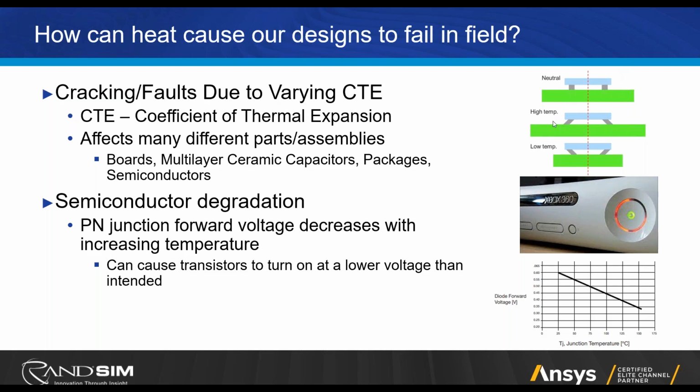When you bring the whole assembly up to a higher temperature, the board is going to expand. The part will stay the same size. This will create a kind of a shear force on the solder. And likewise, vice versa, if you take the whole assembly below this neutral temperature, you'll see a shear force in the other direction across the solder as the PCB shrinks while the package is staying the same size.